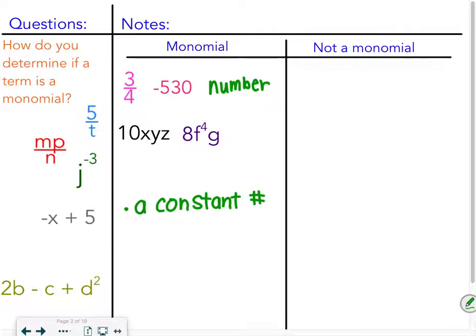number or the product of a constant and one or more variables.